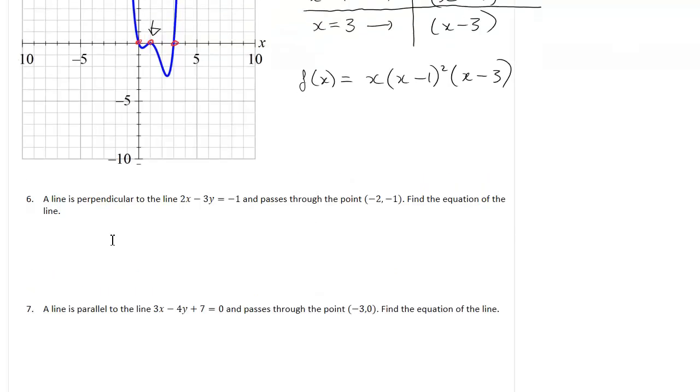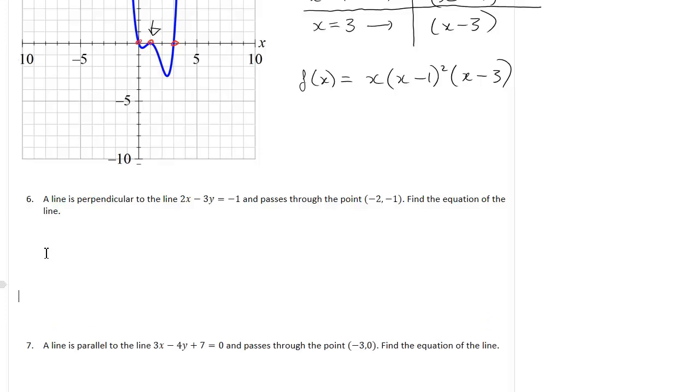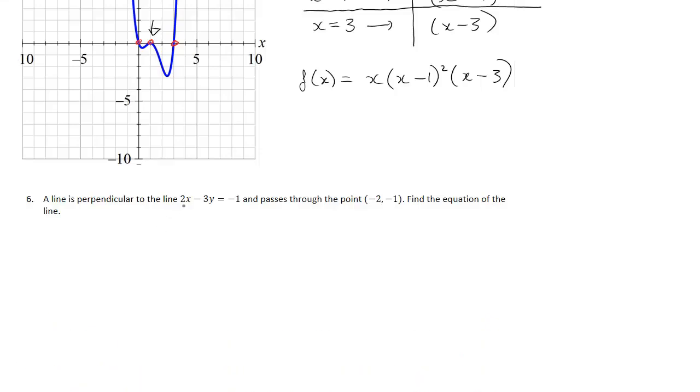So, we might need a little bit more space. A line is perpendicular to this line. So, a line, y equals mx plus c. We don't know what it is. But we do know that it's perpendicular to this one. So what we need to do with that is we need to get it into y equals mx plus c form.